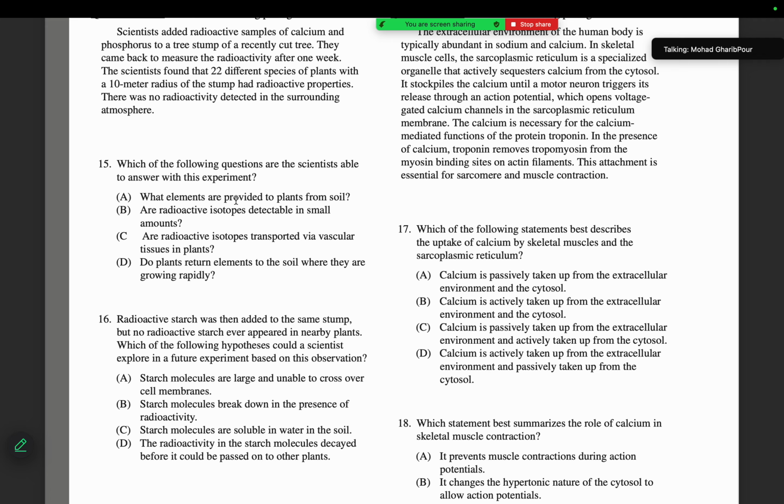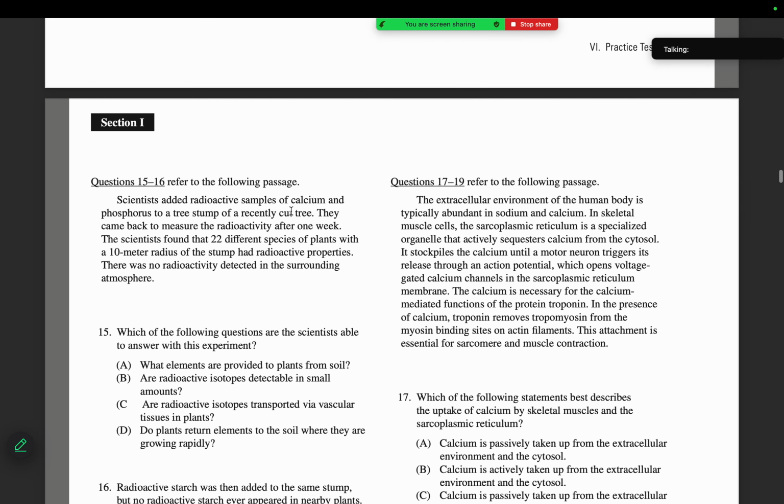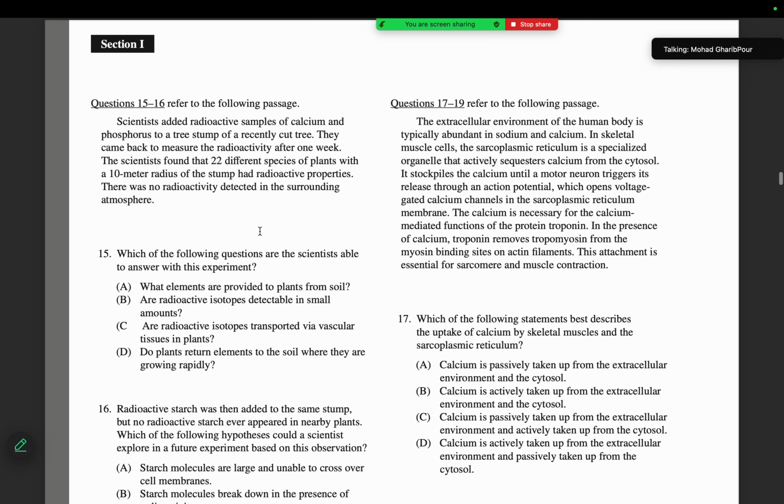What elements are provided to plants from soil? That's not what they're testing here. Let's see.